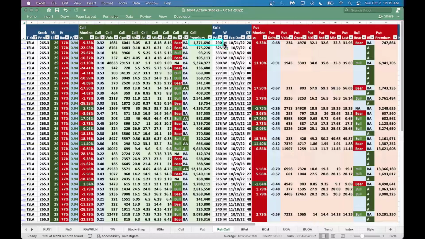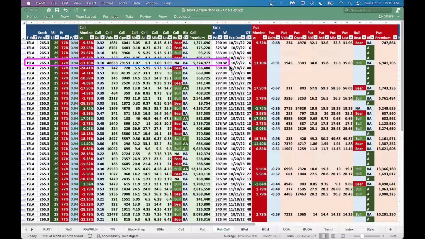As you scan through here, we got one more big trade. Look at the premium, $5 million premium here. And on this one, strike price 300, and look, it's 6-day expiration. Somebody is putting a lot of money here, even though stock price is 265, at 300 strike price call option.